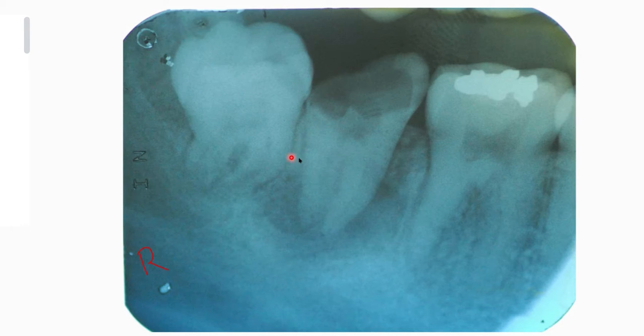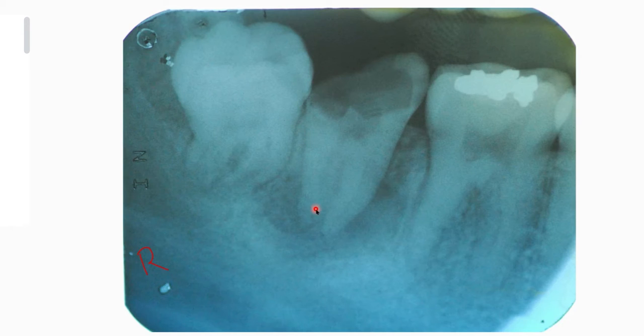Okay, clear? There is an ill-defined mixed periapical radiolucency of size. You have to mention the size. You all know that the approximate mesiodistal width of a molar is nearly 5 to 6 millimeters. So you can write this as 7 millimeters by 4 millimeters approximately in size.